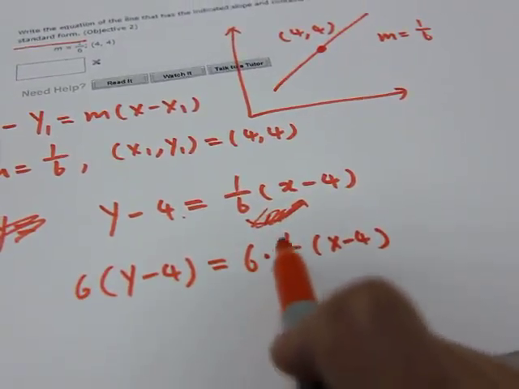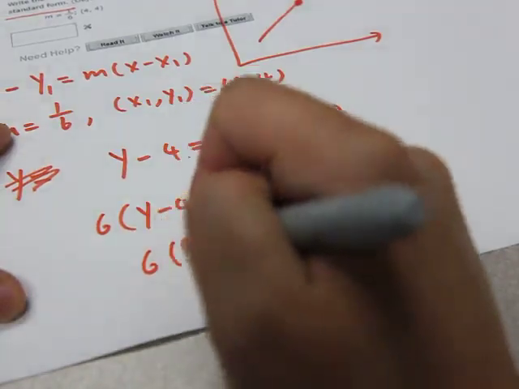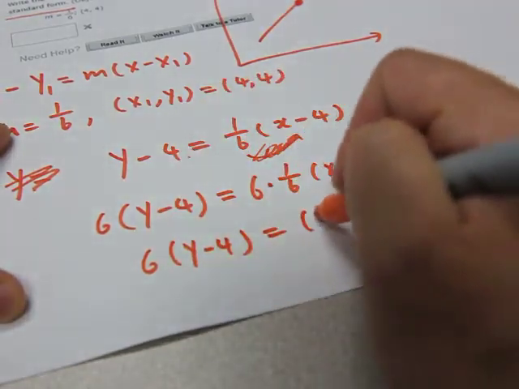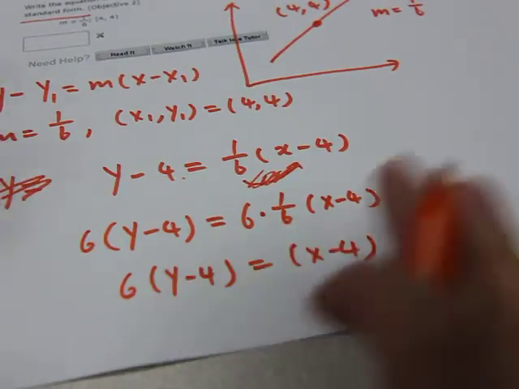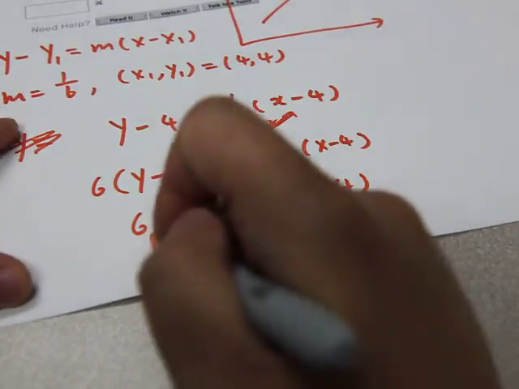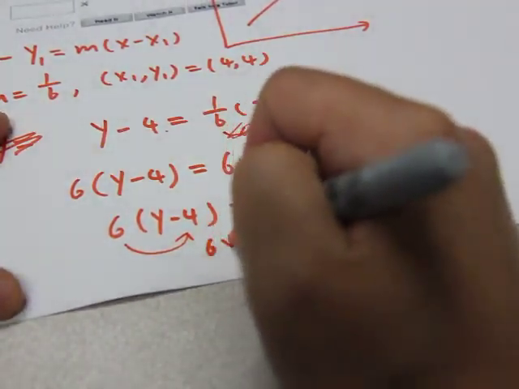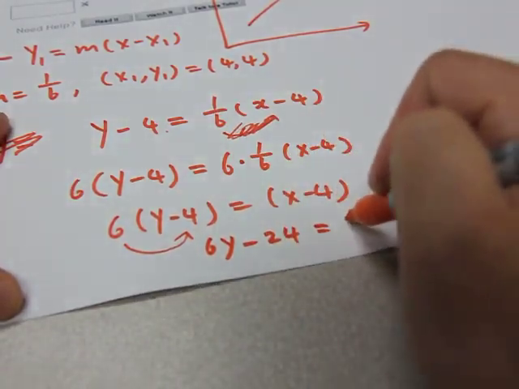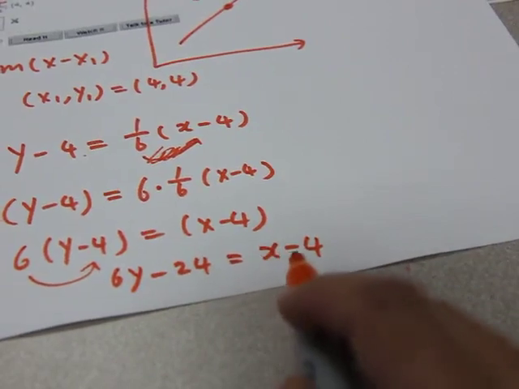So therefore, we can convert this number into 1. So there's no fraction we need to worry about. And then I distribute 6 into y minus 4. So 6y minus 24 equals x minus 4.